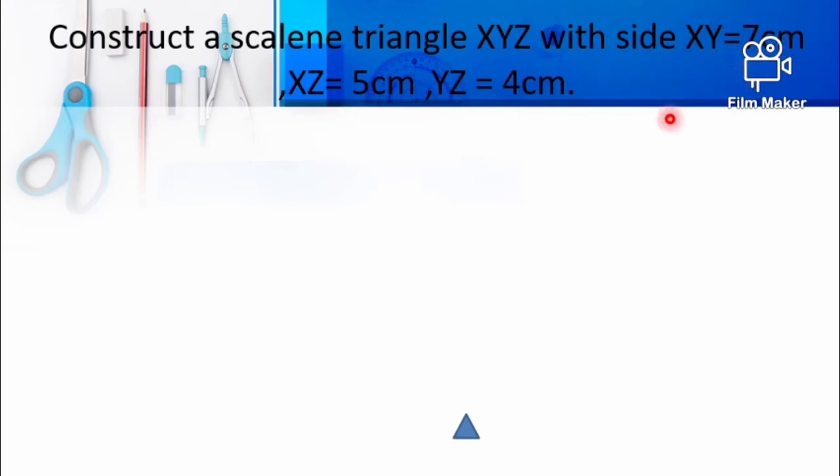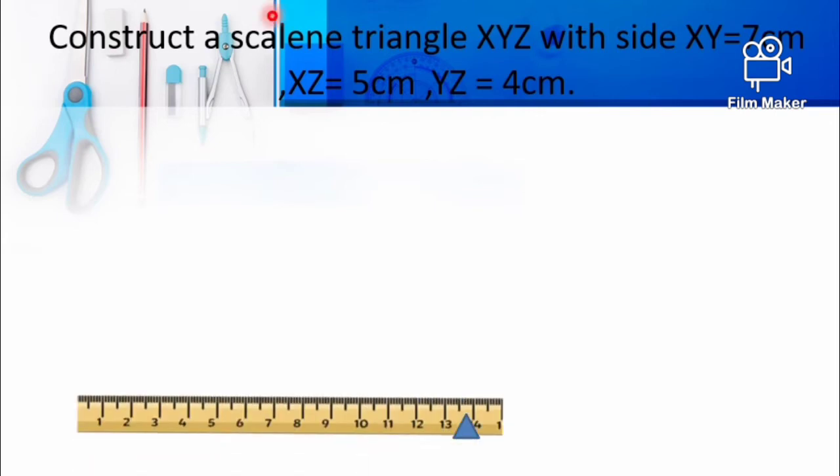What is the definition of a scalene triangle? A triangle with all different sides, or the sides of a scalene triangle are unequal. So today we are going to draw a scalene triangle with the help of compass and ruler.